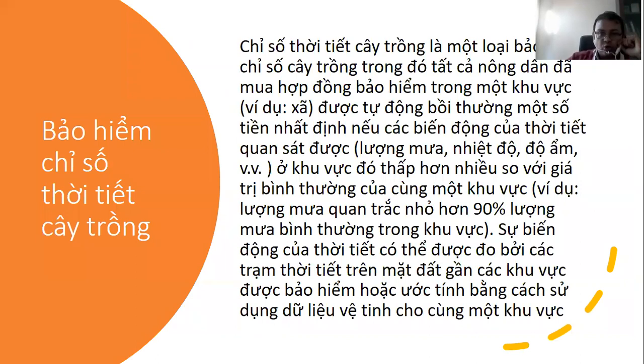So crop weather index insurance is a type of index insurance product where all the farmers who have purchased the insurance product in the area, for example, a commune, are automatically compensated based on the actual weather conditions that have been experienced in the area.